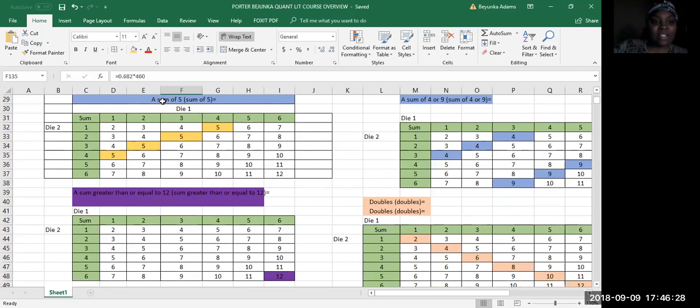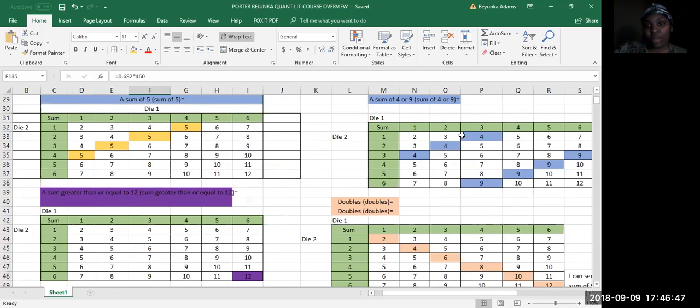So for finding the sum of 5, you get the whole chart, and we highlight how many we found. For example, a sum of 5 is 1, 2, 3, 4, and then a sum greater than or equal to 12 is 12. We highlight that, and so on with these 2 charts right here.